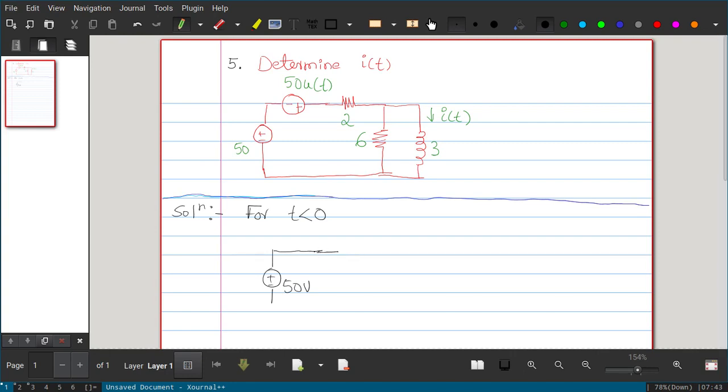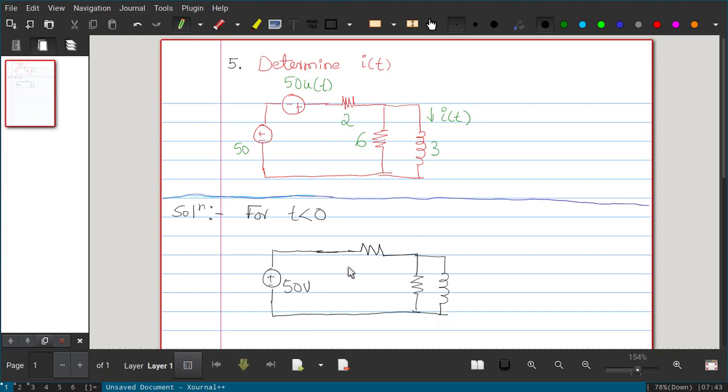By 0 volts. How to represent 0 volts? It's a short circuit. And 2, 6, and the inductor. So 2, 6 and 3, and the current passing through is i(t).